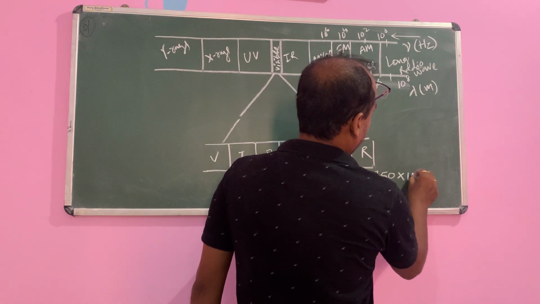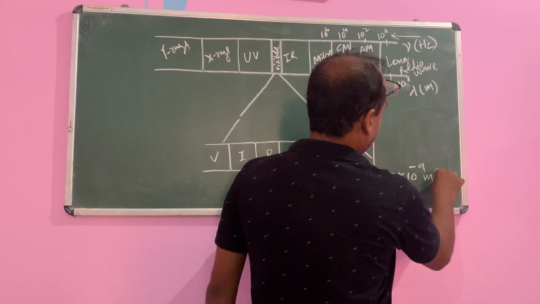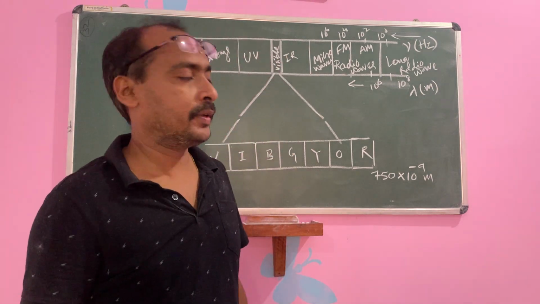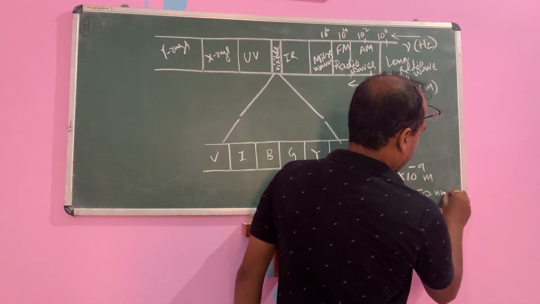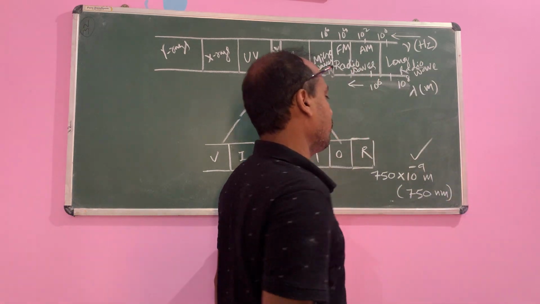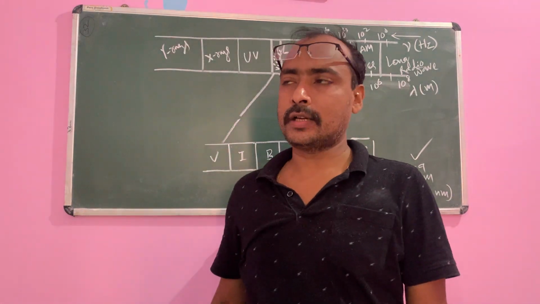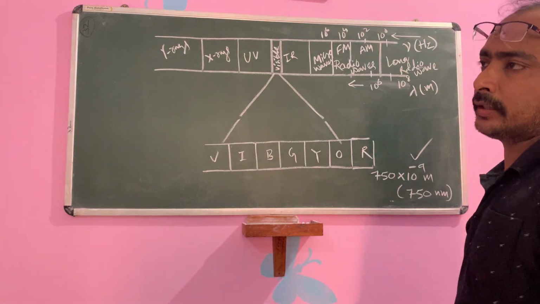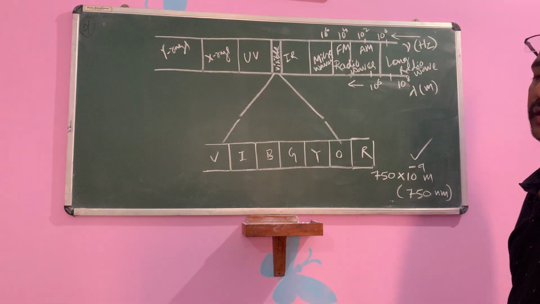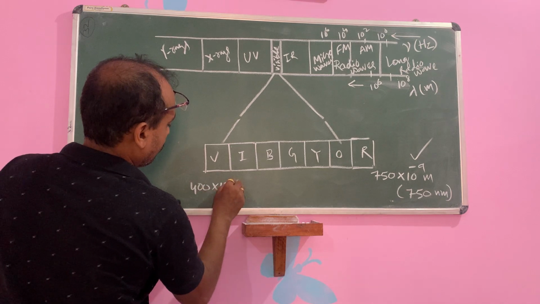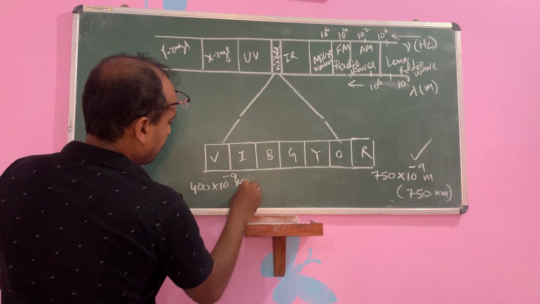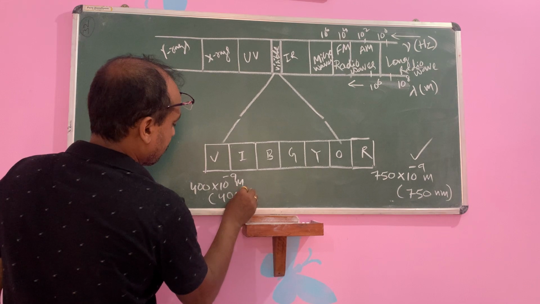That is nanometer. 750 nanometer, as given in your book. That is 10 to the minus 9 meter. Starting from red, to the last of the visible, where it ends, there is 400 into 10 to the minus 9 meter. That is 400 nanometer.